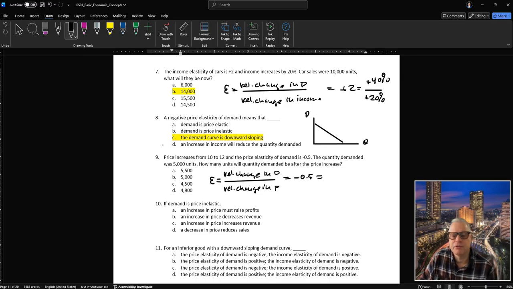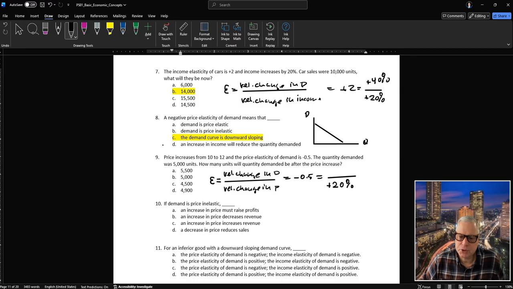Okay, so now what information do we have? Price increases from 10 to 12. So that means we have a relative change in price, which is 20%. And the quantity demanded was 5,000 units.